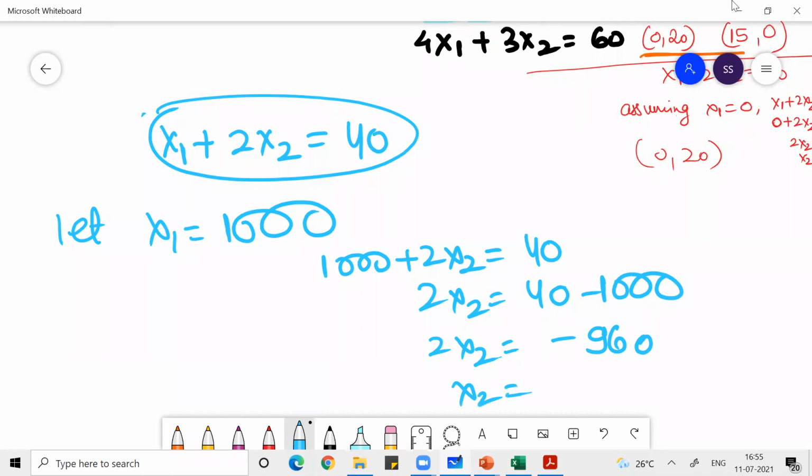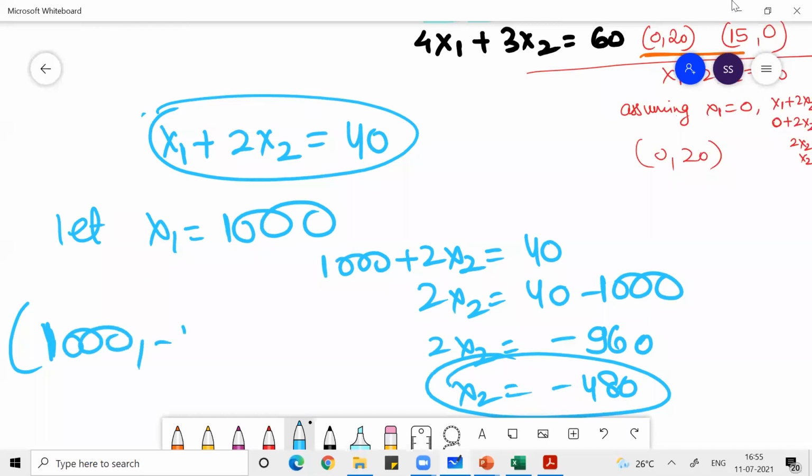So x2 is equal to minus 480. Your coordinate would be 1000, comma, minus 480. You can put any value of x1 and get the value of x2, or put any value of x2 and get the value of x1.